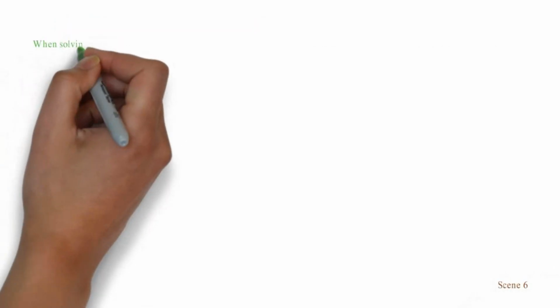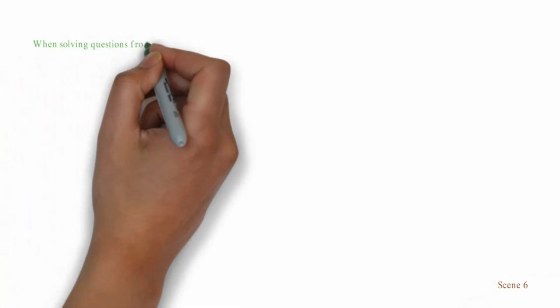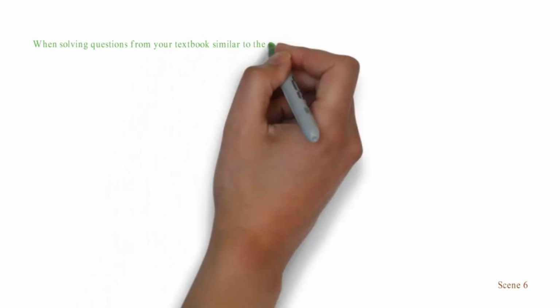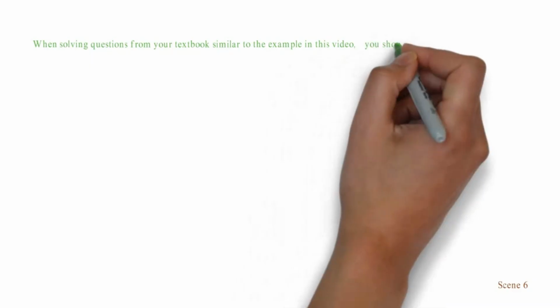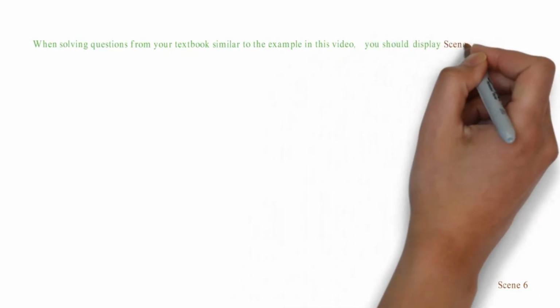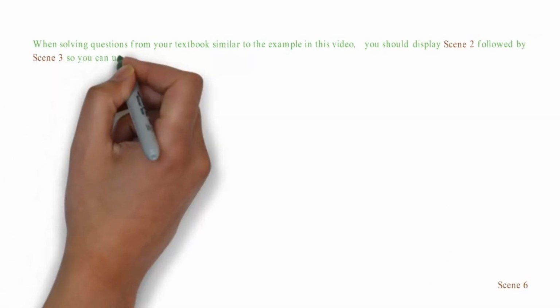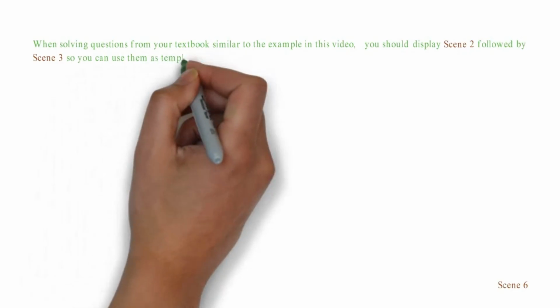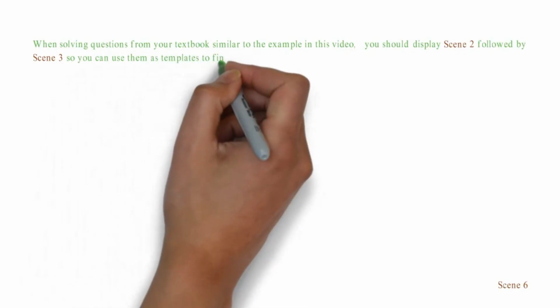When solving questions from your textbook similar to the example in this video, you should display Scene 2 followed by Scene 3, so you can use them as templates to find the derivative.